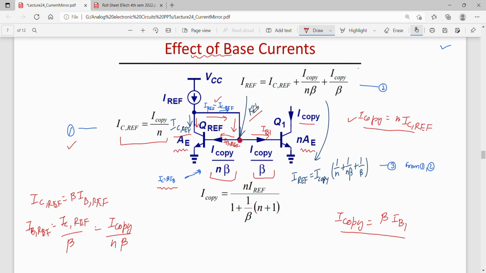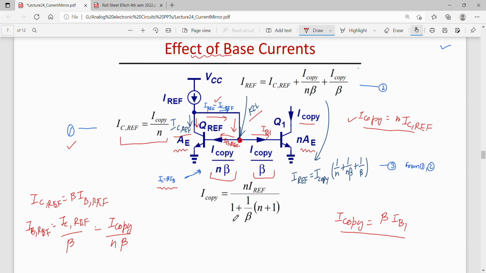So I apply now KCL at this point. So I can write this current is equal to this current plus this current. Okay, that is I ref minus IC ref is equal to I copy by N beta plus I copy by beta.